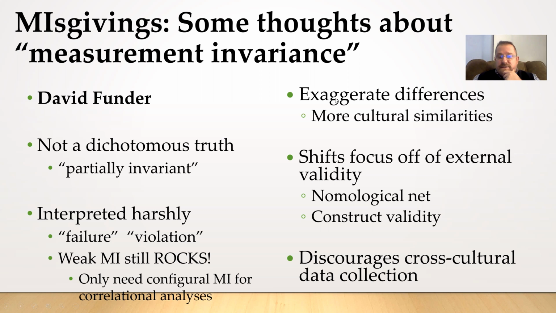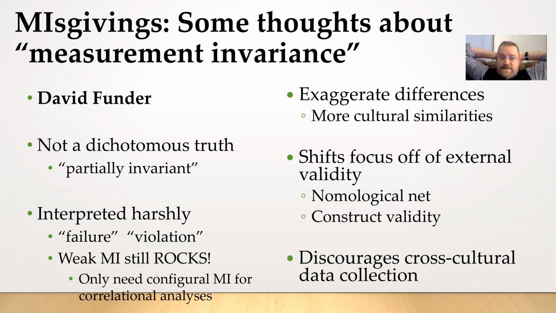David raised a concern that an extreme focus on measurement invariance could exaggerate cultural differences when a lot of the research out of the cross-cultural field has been starting to emphasize more similarities than differences. And he was also concerned that it shifts the focus off external validity.